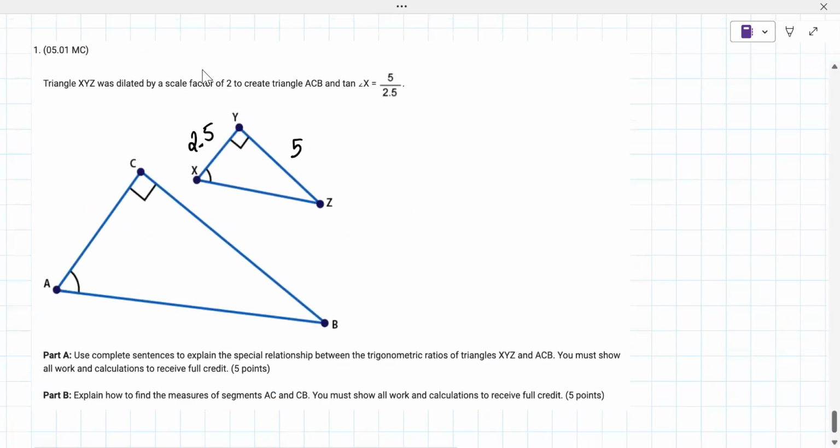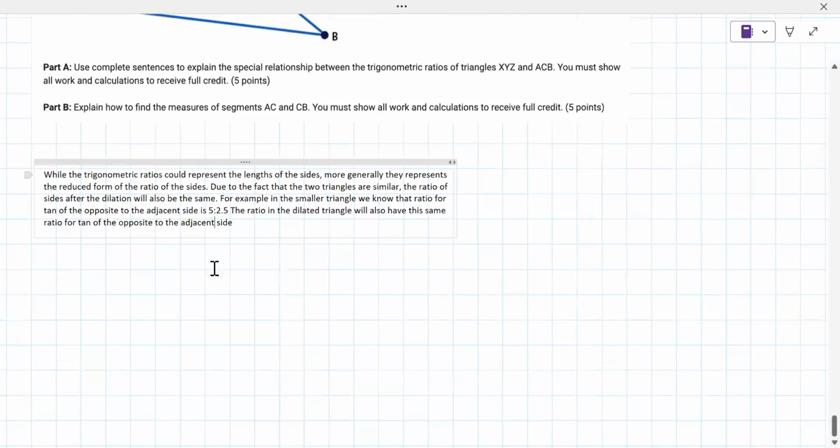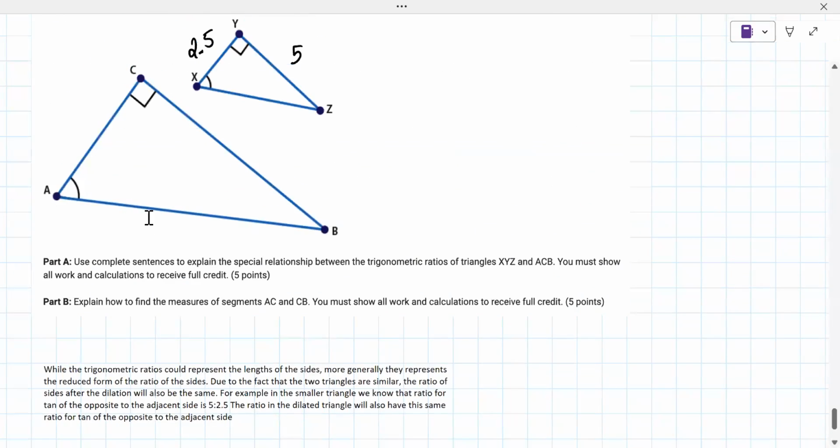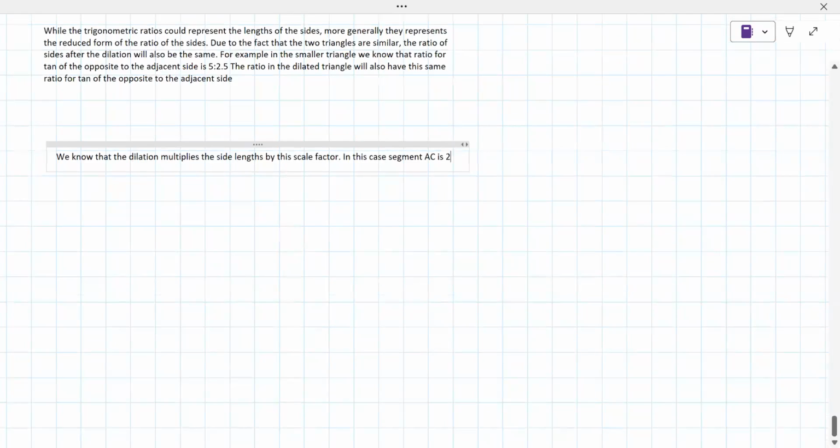Yeah, so we know that when it's dilated by a scale factor of 2, the lengths are then, so that's now up to part B. So we know that the dilation multiplies the side lengths by this scale factor. In this case, segment AC is 2 times the length of segment XY.